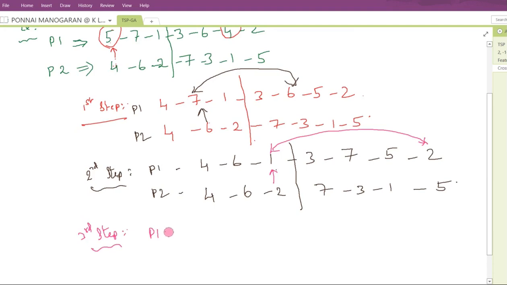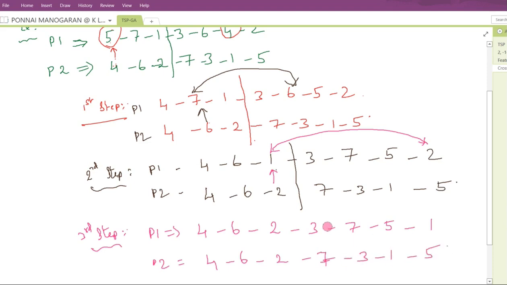So parent P1, after swapping, is 4, 6, 2, 3, 7, 5, 1, and P2 will be something like 4, 6, 2, 7, 3, 1, 5. So you can see this whole portion of the second path is transferred to the above parent.